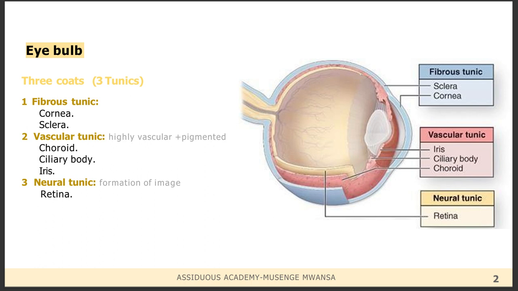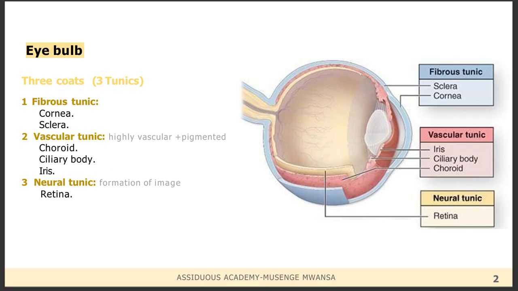So when you are talking about the eyeball, it has three layers. You have the fibrous layer, which is the outermost layer that you can see here. You have the vascular layer and the neural layer. The fibrous layer is also known as avascular because it doesn't have any blood vessels. What you need to know about the outermost layer is that it has two parts.